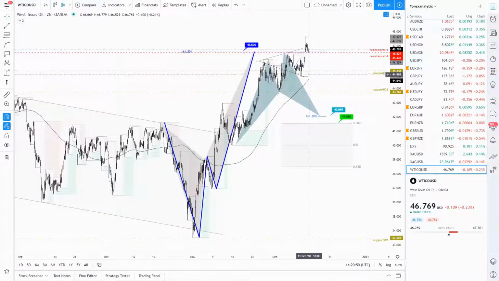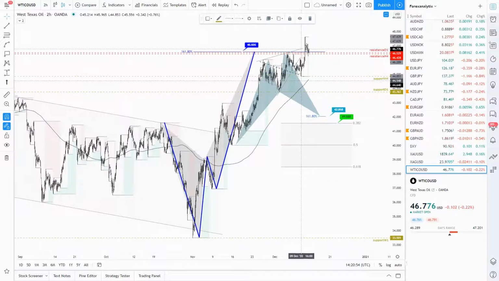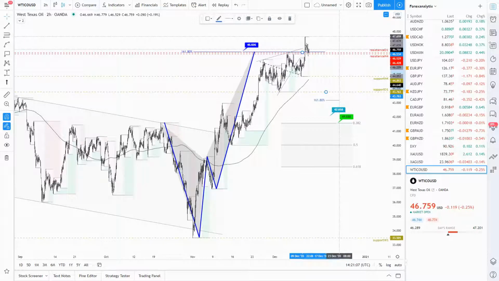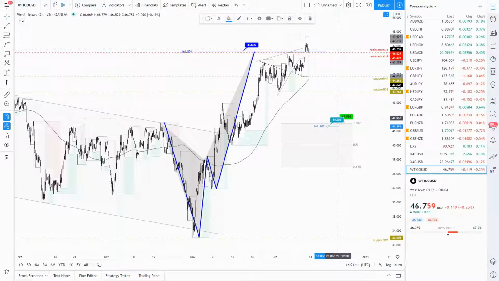At this point, if the market decides to trade below these most recent fractal supports at 44.85, I will dare to think the market will trade even lower. At this point, this pattern makes no sense anymore, unless the price decides to respect these ratios, which may put the price trading even lower.